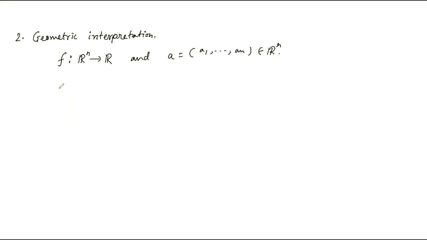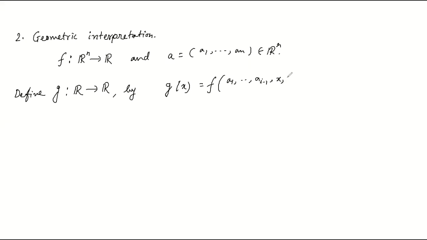Now we define a real valued single variable function g from R to R by g(x) equal to f(a1, ..., a_{i-1}, x, a_{i+1}, ..., an).